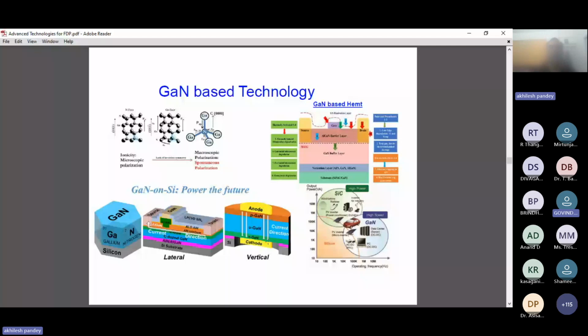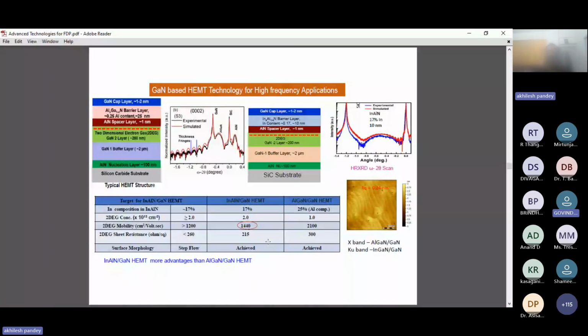Now, gallium nitride based HEMT technology for high frequency applications. There are two structures which I am showing here. One is an AlGaN/GaN HEMT structure grown on a silicon carbide substrate, and here the stack is shown. There is a gallium nitride buffer layer, and a two-dimensional electron gas is formed.